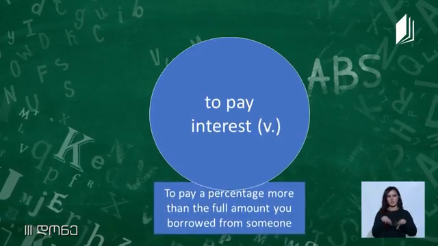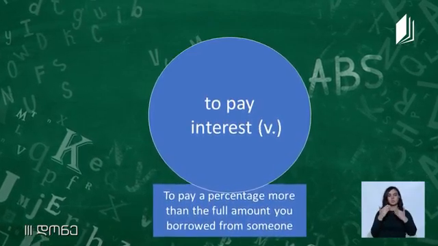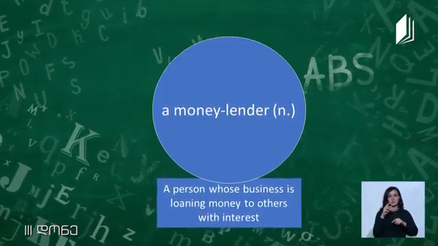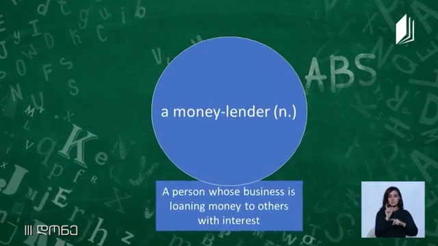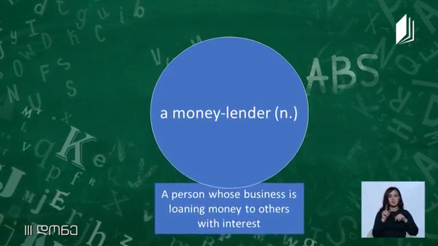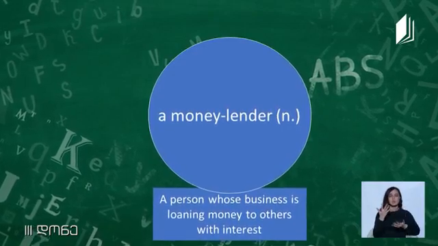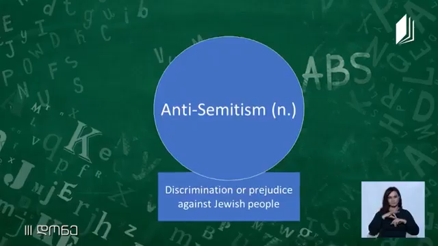And those words are important for our next one, and that's a moneylender. A moneylender is a person whose business is loaning or lending money to others, who must then pay the money back with interest. Now we come to the word anti-Semitism.